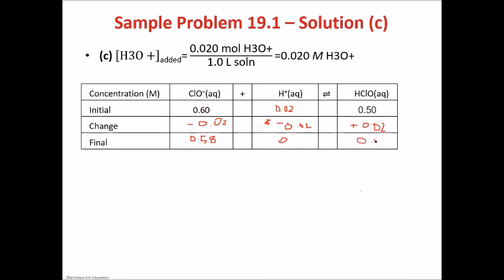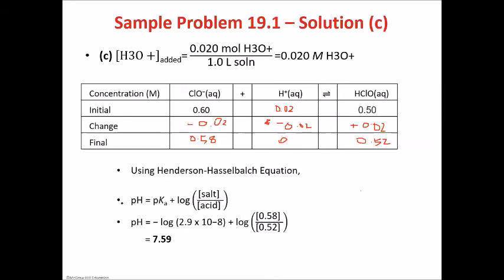Okay, so we want to calculate the pH. So plug into the Henderson-Hasselbalch equation. pH equal to pKa plus log salt over acid. So pH equal to negative log 2.9 times 10 negative 8, the pKa of the acid, plus log 0.58 divided by 0.52, the salt and its conjugate acid. So you get 7.59.